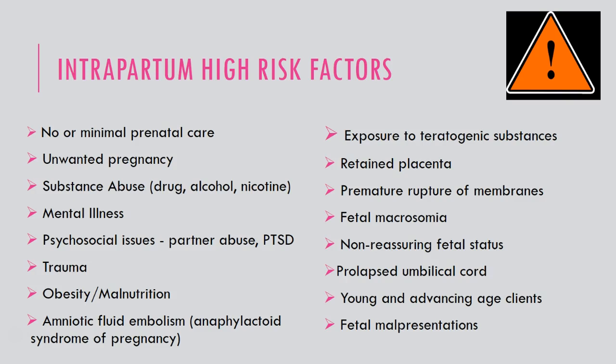And let's do one from a fetal standpoint. So a high risk factor from a fetal standpoint would be macrosomia. If the baby is really big in utero, it sometimes will stretch the mom's uterus to the point that it doesn't want to contract after delivery.